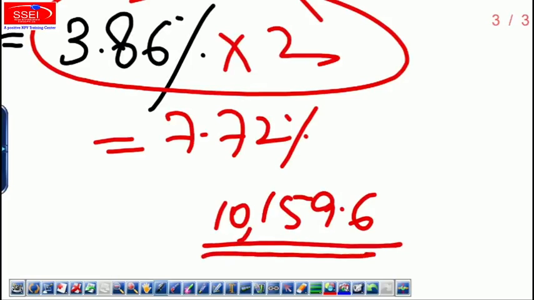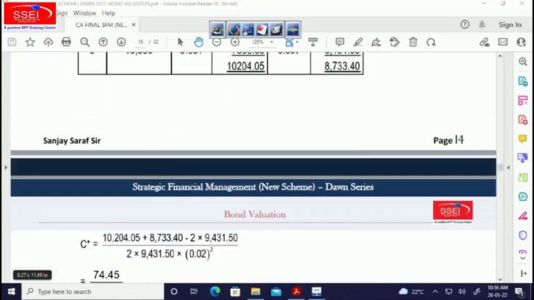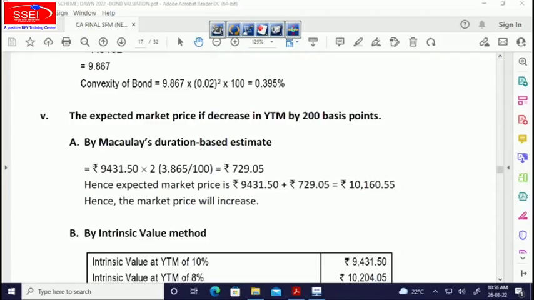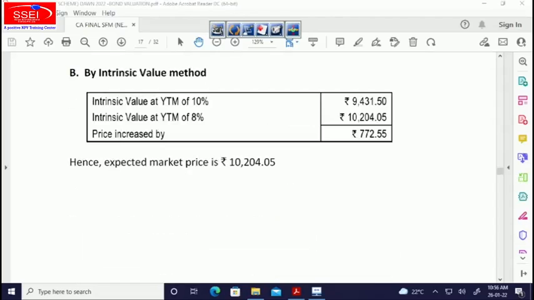But if you use the present value intrinsic value method, it's 10,204. Check the answer. Yeah, by duration it's coming to 10,159, and by the intrinsic value method it was 10,204, correct?